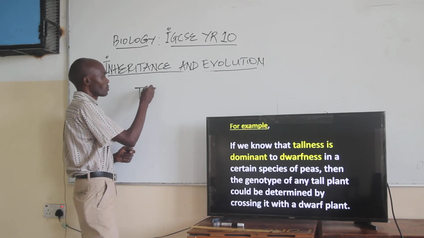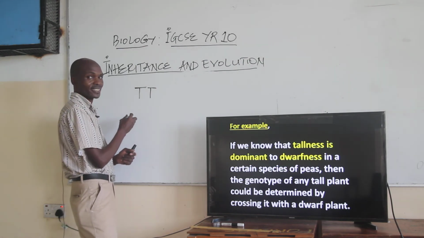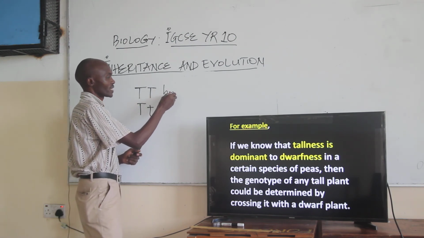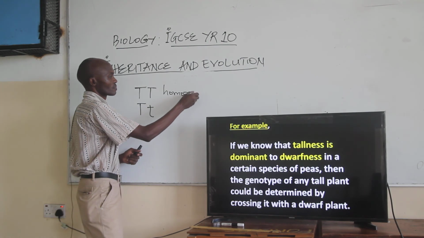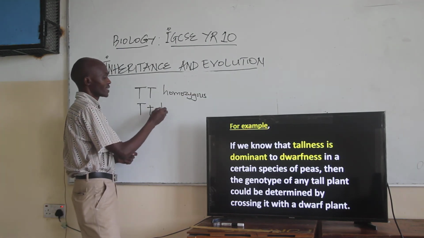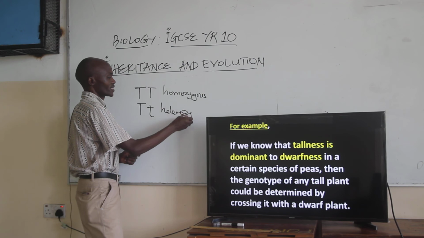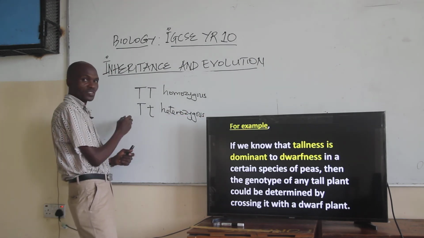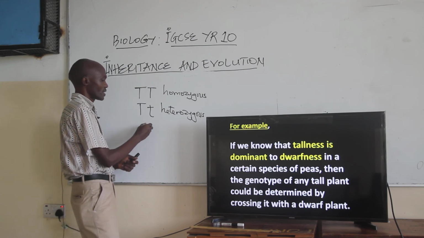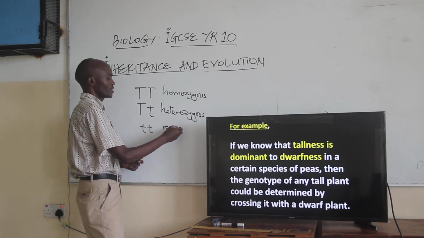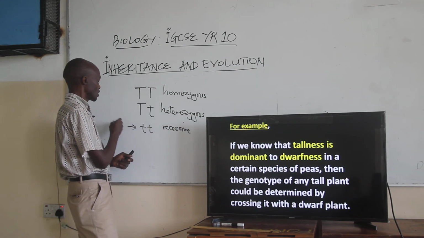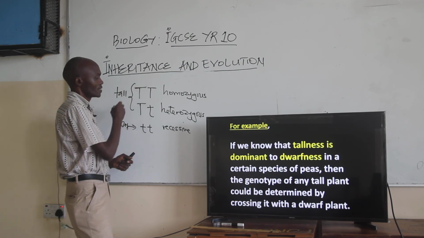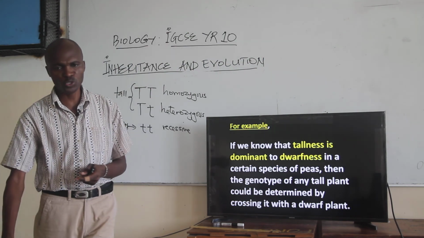You could have the dominant allele T for tallness, homozygous tall, or in that case, heterozygous. For the short variety, you would only have the recessive, homozygous recessive. This one is for the dwarf variety, and this is for the tall case. So those are the two possibilities.